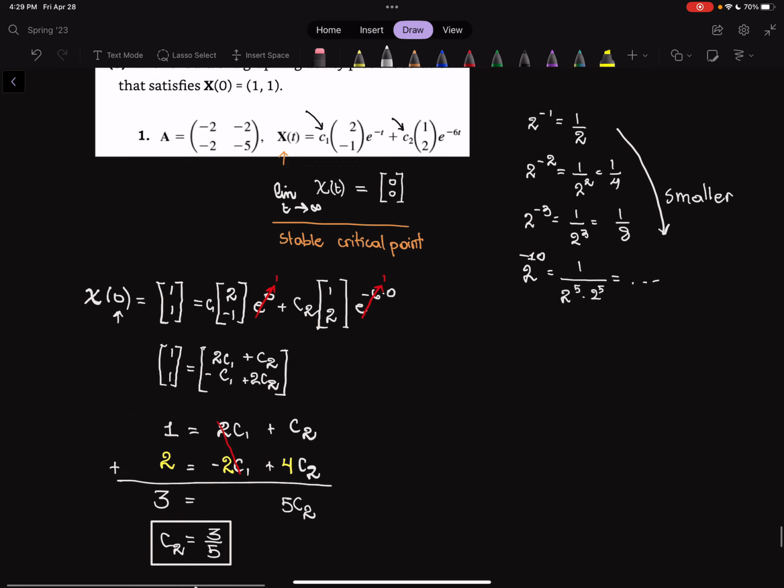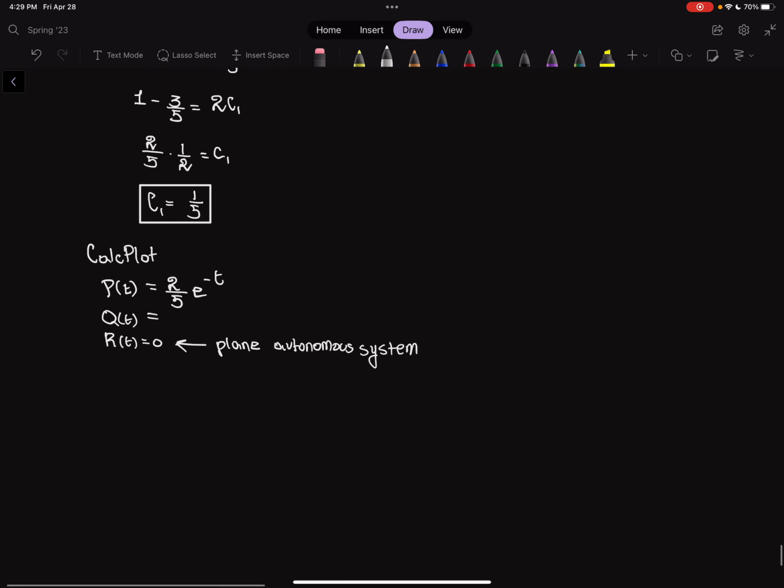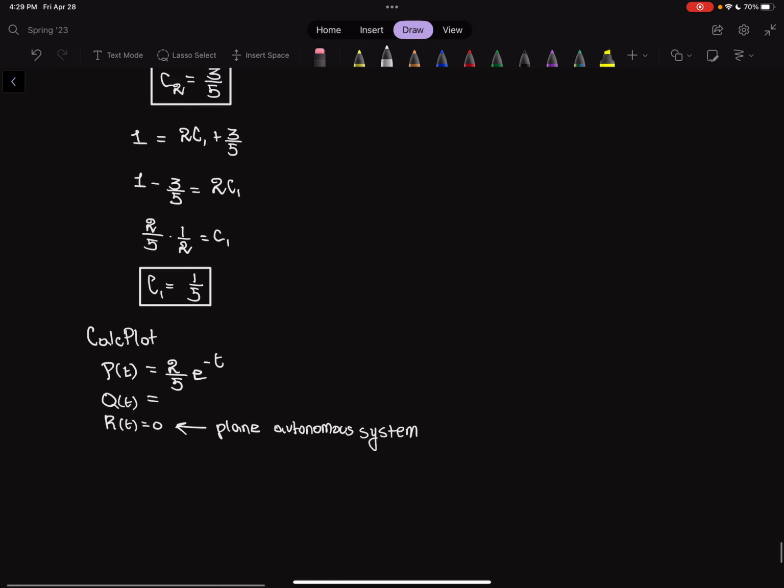That takes care of the first term. Second term is going to be C2 times 1 times e to the negative 6t. C2 we said is 3/5, so plus 3/5 times 1 times e to the negative 6t.